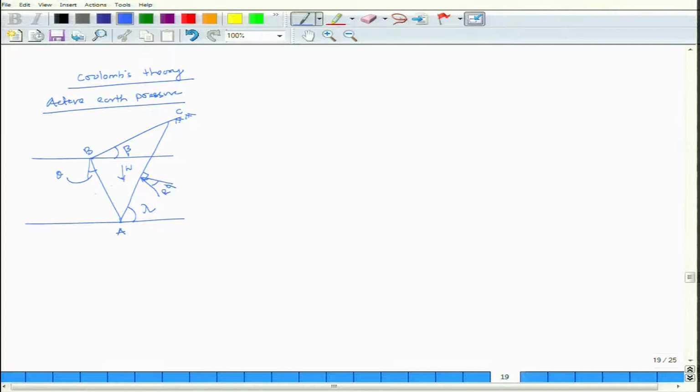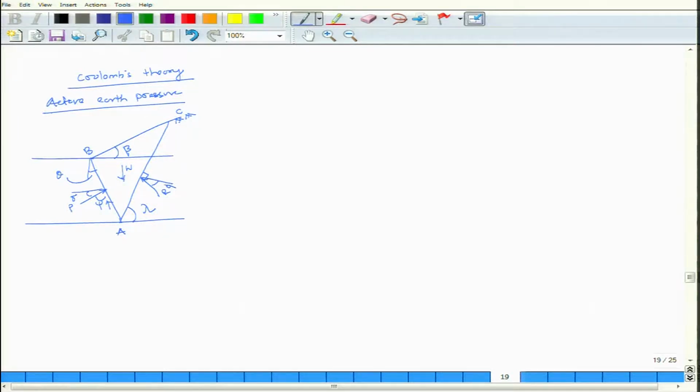Then there is a friction between the wall and the soil, and this makes an angle delta, this is your P, and there will be a xi.